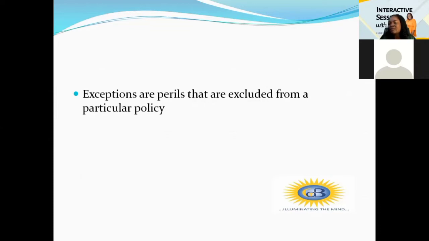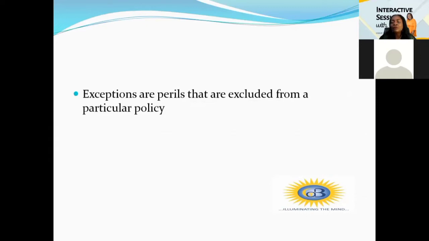I hope you can relate with the example I'm trying to bring out. So exceptions are policy specific. They are not the general market exclusion. Let's say maybe in an office, you insured the items in the office and all that.